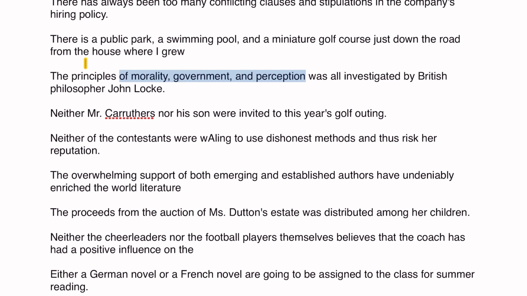The principles were all investigated by British philosopher John Locke. كده ال prepositional phrase اتشال والverb اتصلحت والsubject verb agreement رجع normal، لأن السبجكت هنا ملوش علاقة بموراليتي government و perception خالص. السبجكت هو principles. طيب, neither Mr. Carruthers nor his son were invited to this year's golf outing.